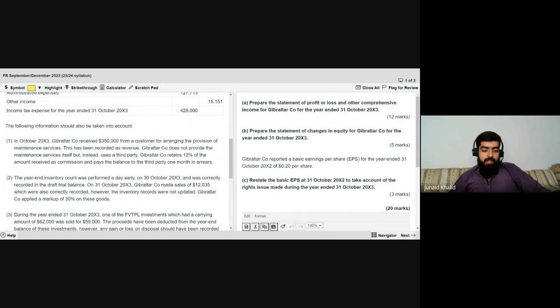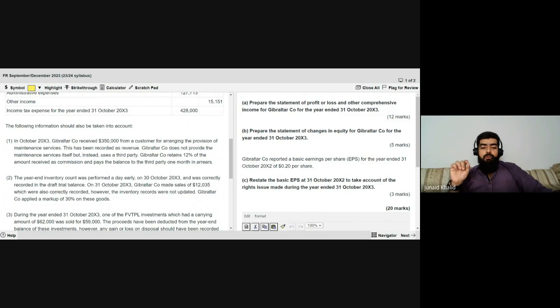what it says is that in the draft financial statements, merchandise inventory at 30th October was correctly recorded, but on 31st October the company made sales of 12,035, which means at 30th October there was a closing ending inventory. On the very next day, 31st October, the reporting year end, the company sold $12,035, which was also correctly recorded as sales, but the inventory record was not updated.